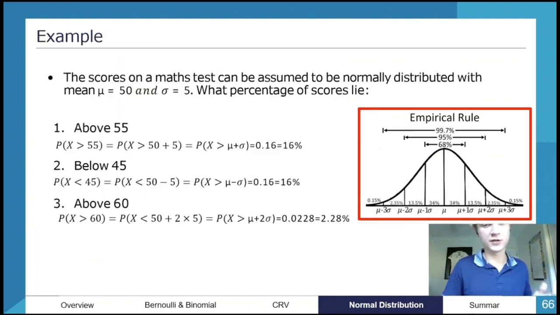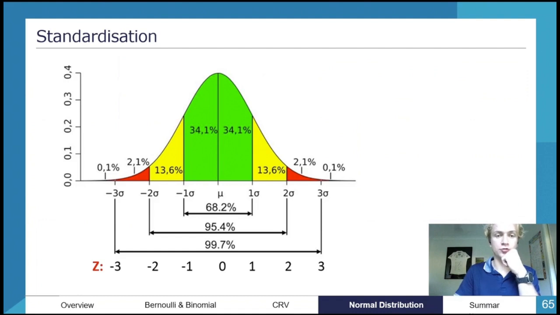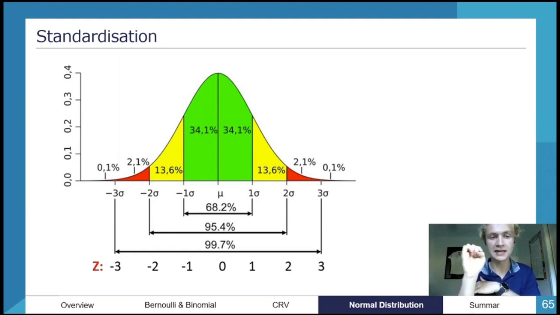So this is once again showing that empirical rule that you just have to memorize. I'm not going to repeat myself again. But what we have are these different Z values, and Z is talking about how many standard deviations it is away from the mean. So when I'm talking about a Z value, what I want you to understand simply is we're talking about how many standard deviations away from the mean it is.